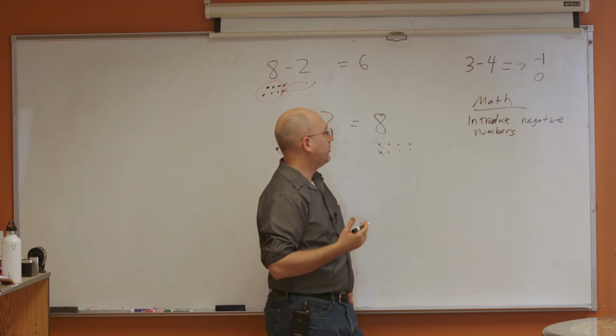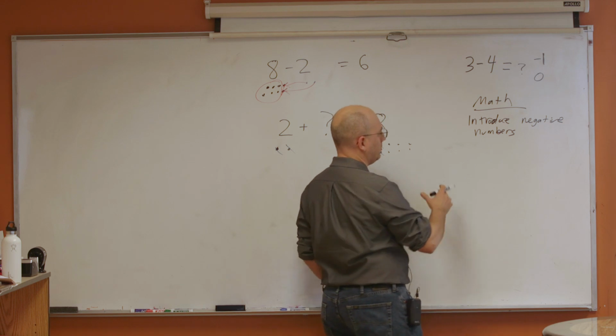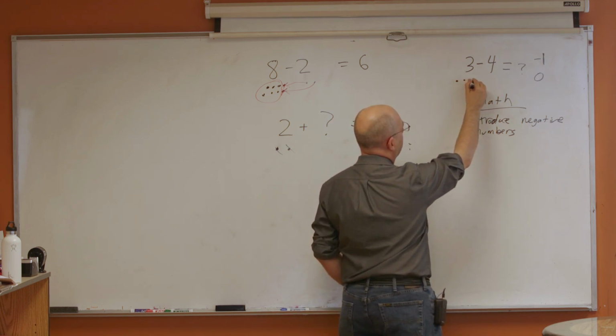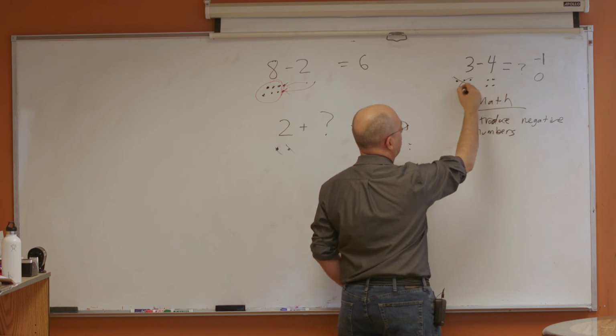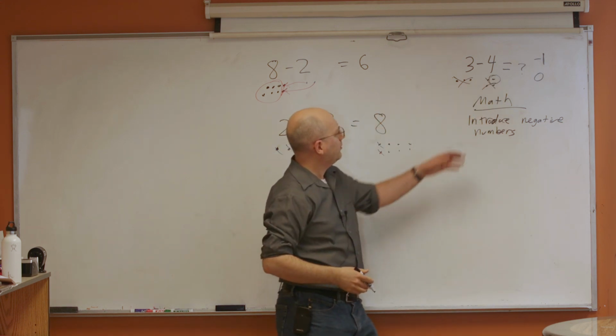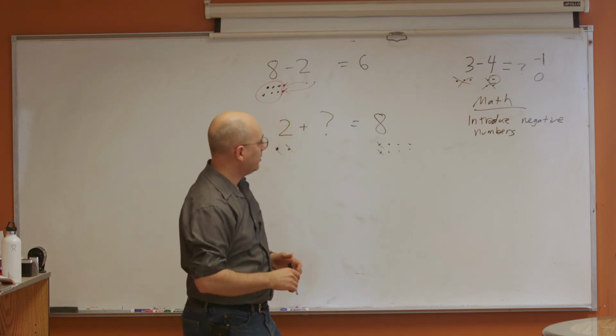At first, again, you can think of it as you've got 3 and 4. You've canceled these out. You've got 1 left over. But now it's negative, and you just call it negative, right? So that just means a negative number.